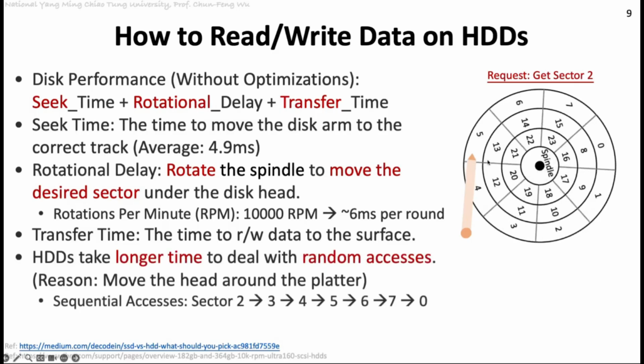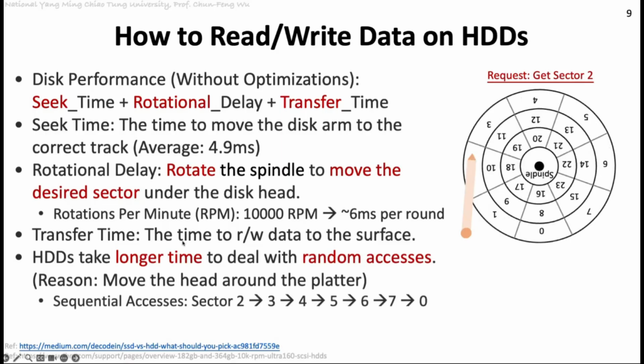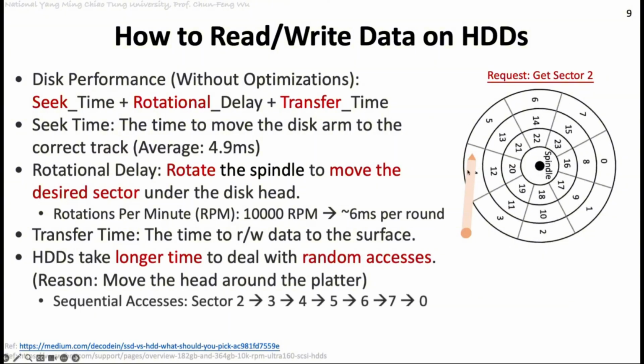For example, if the following accesses are all sequential, meaning sector 2 followed by sectors 3, 4, 5, 6, 7, and 0, then the head doesn't need to move to different places. It just stays here, and the plate rotates all the time, so we can sequentially read out the sectors from 2 to 0 in this direction.